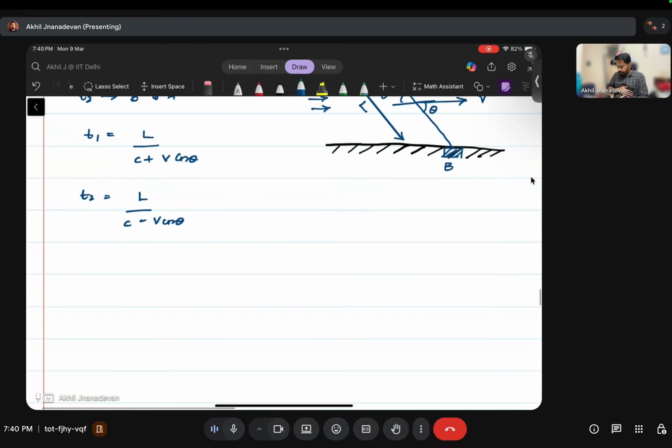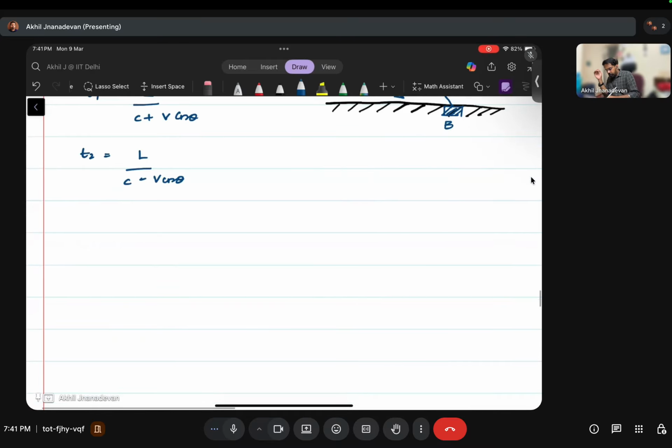So we have the relationship for both, and using this we can come up with an equation for velocity. If we simplify this, we'll get V as L by 2 cos theta into 1 by T1 minus 1 by T2.